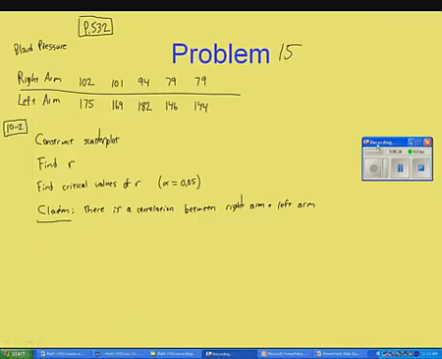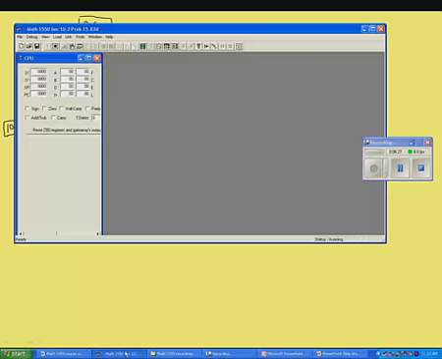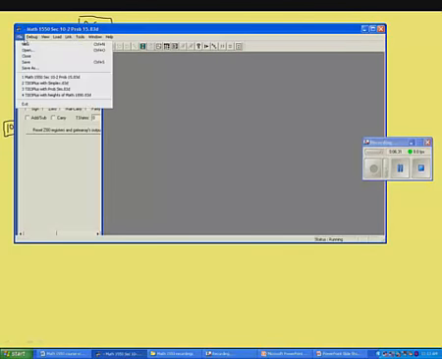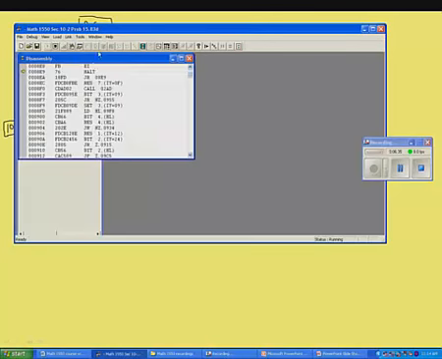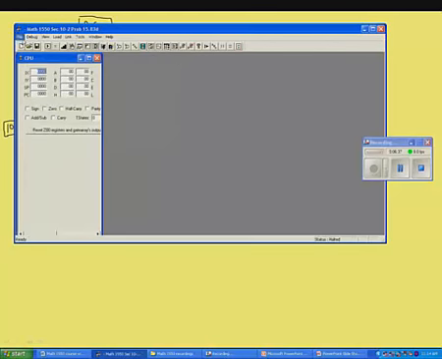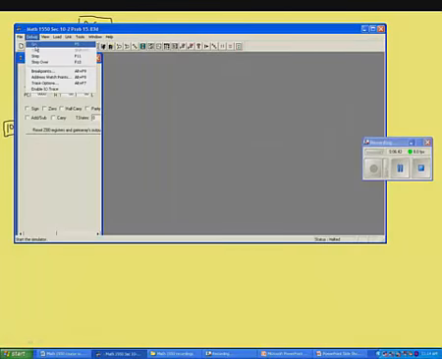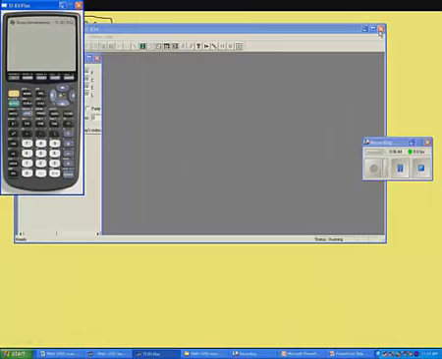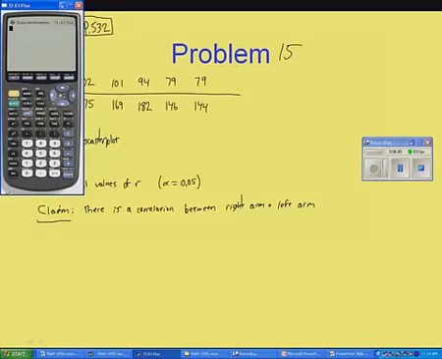Okay, so let's get out the calculator here. And actually, I think this is what, Shelley, you were asking about. How do I do this with the calculator? Okay. There you go. Okay, here's my calculator. Now, remember how to get that data into the calculator?